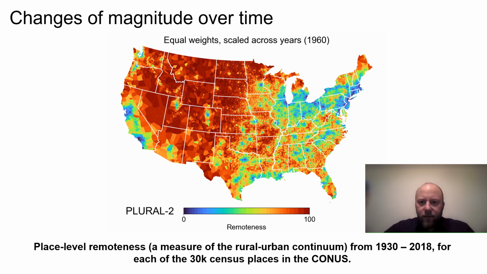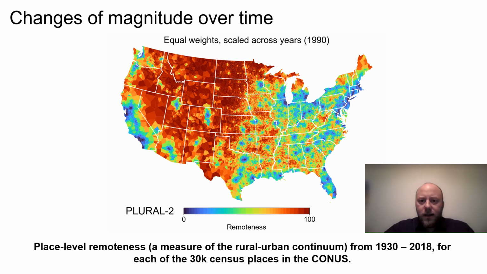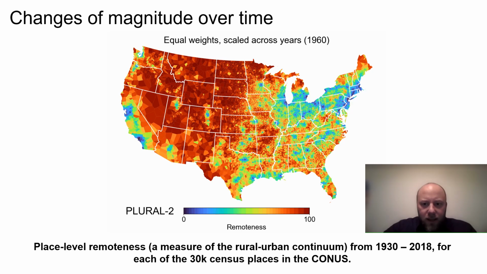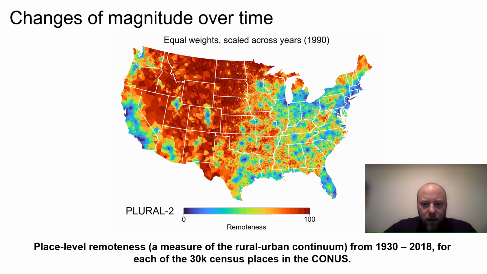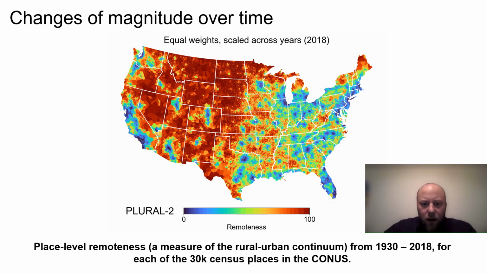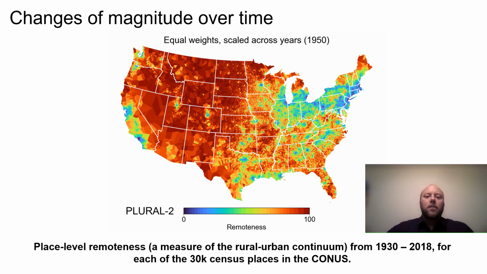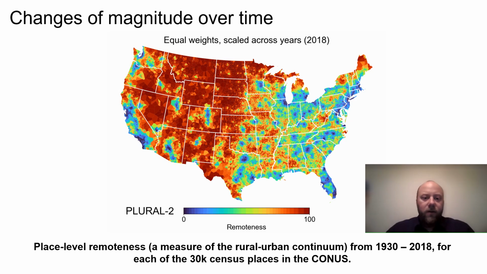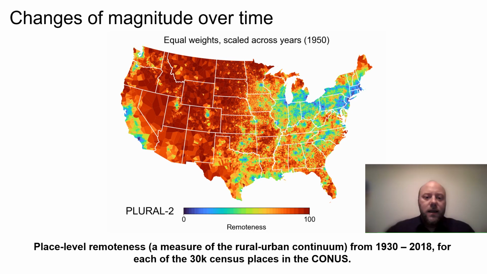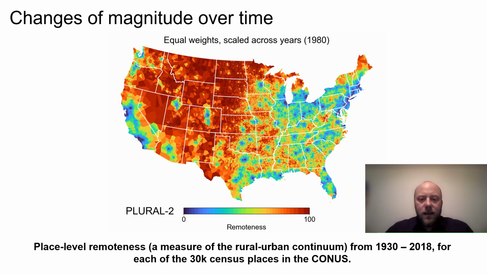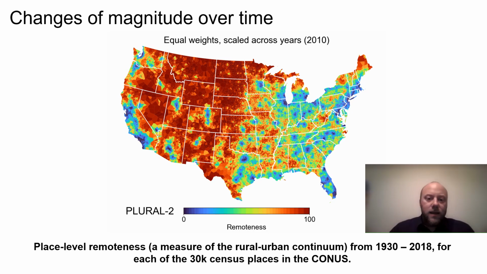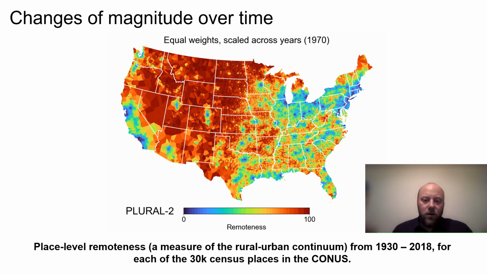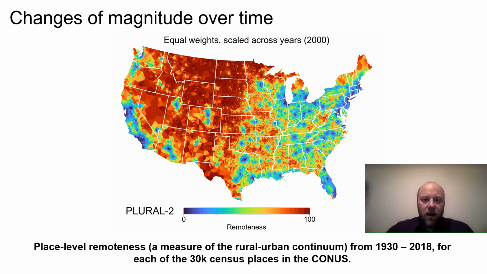We've done this in 10 year intervals since 1930, and you can see basically blue in this case are low levels of remoteness, so rather urban places, and you can see how this changes over time. We have these spatially consistent or almost consistent spatial units, and then the magnitude of each polygon basically changes over time.